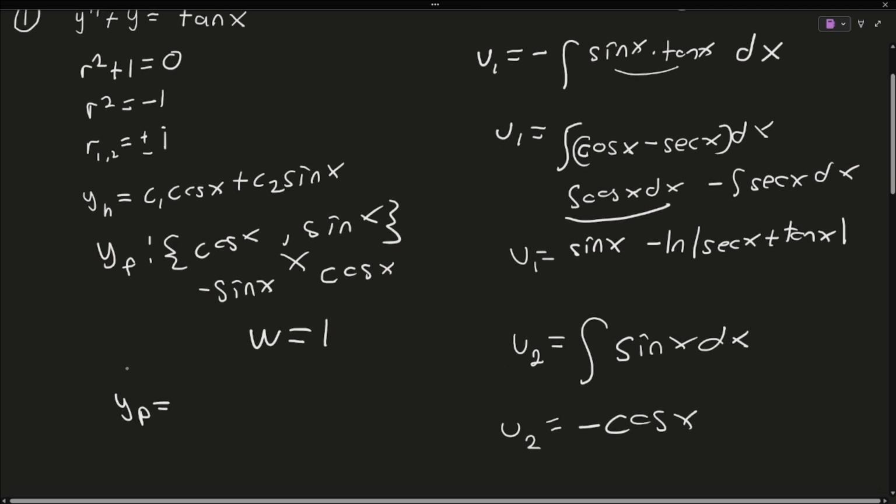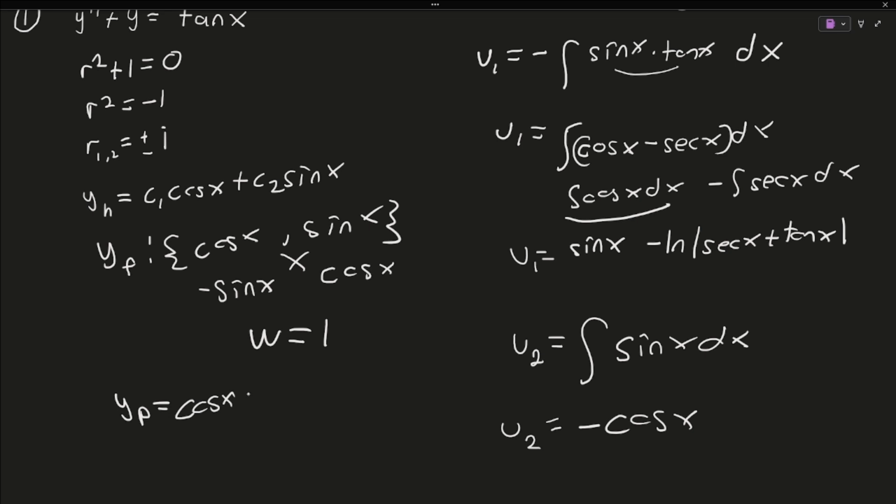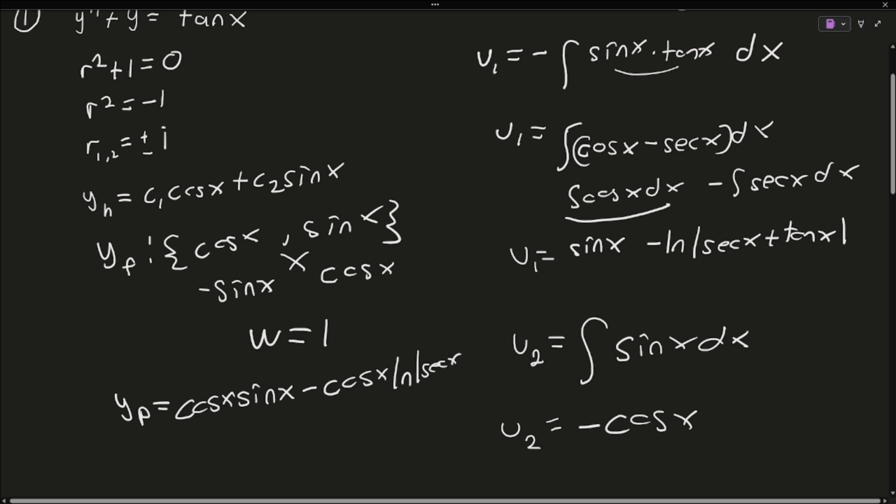Our particular solution will be: we're going to multiply this whole expression, sine x minus ln of secant x plus tangent x, with cosine x. So we're going to have cosine x sine x minus cosine x ln of secant x plus tangent x. Actually, I'm just going to write that with a cosine factor, so we would have a more clear expression.